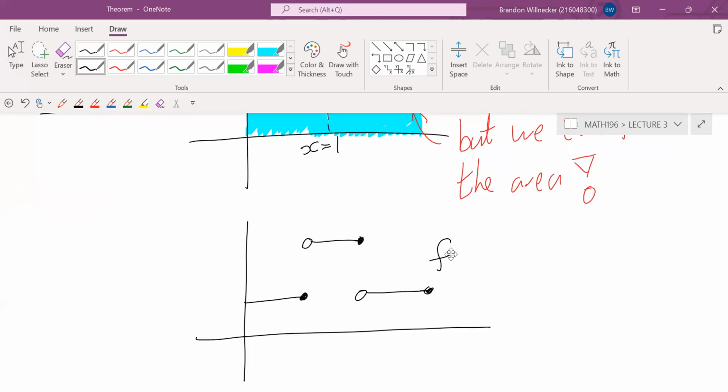In two places here, it's not continuous, definitely not continuous, but we can still find the area. So we can find the area here, we can find the area here, and we can find the area here. So again, we can still find the area.